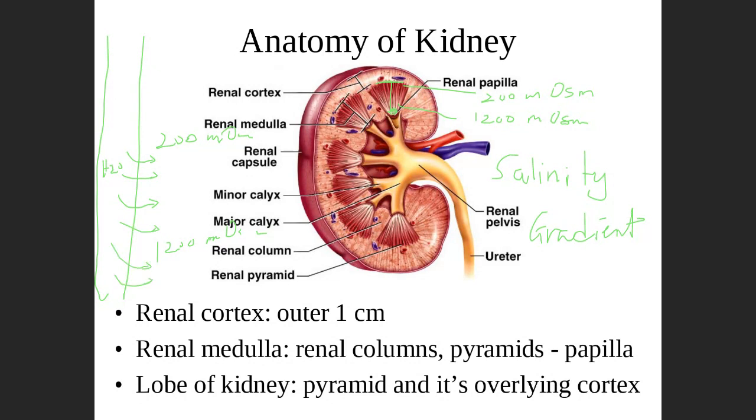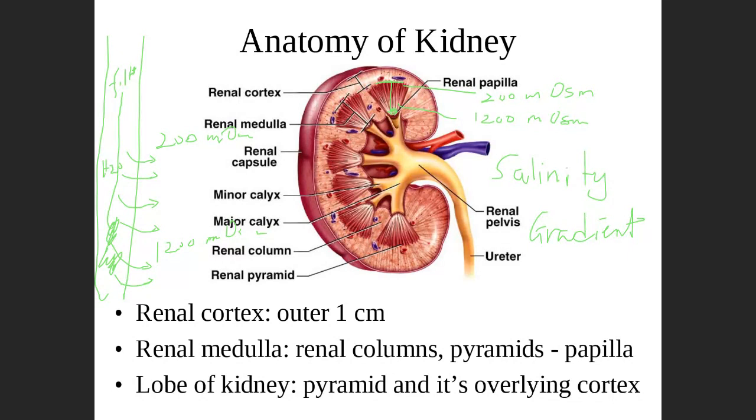And whatever is inside this tube, let's say filtrate, the fluid in this tube, if it's losing fluid because there's so much salt around it, then the filtrate could become very concentrated down here. But if this is urine, then the kidney having this salinity gradient can take back a lot of fluid from the urine.